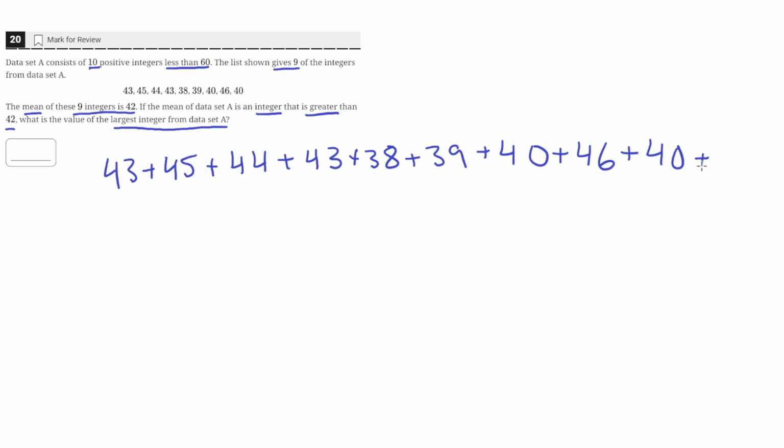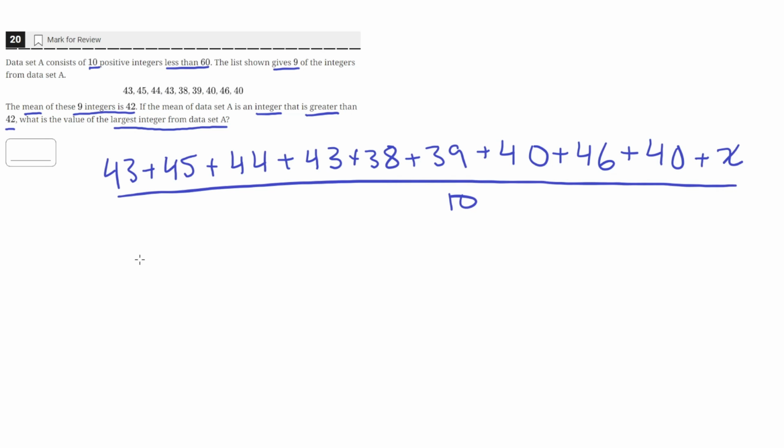And then the 10th term that we are going to find, we'll just say it's x. And then we just divide that by the total number of terms, which is 10. After we add all these together, we get (378 plus x) over 10, where x is the 10th term, which we don't know yet.